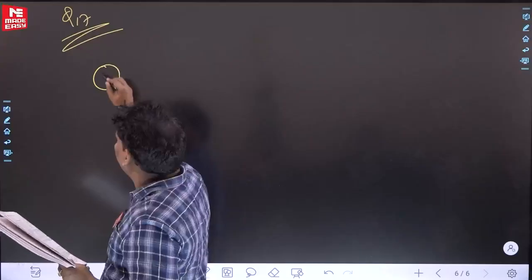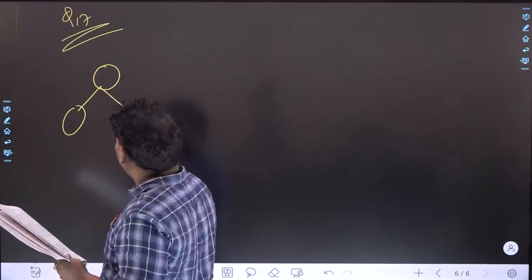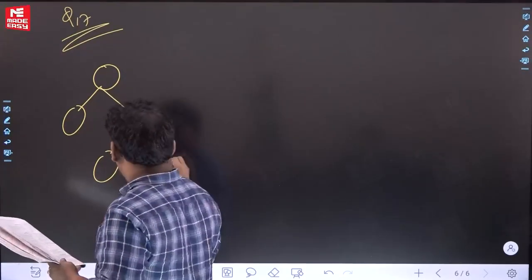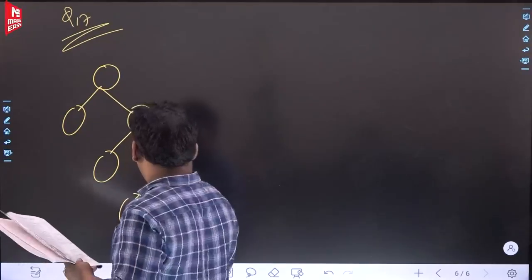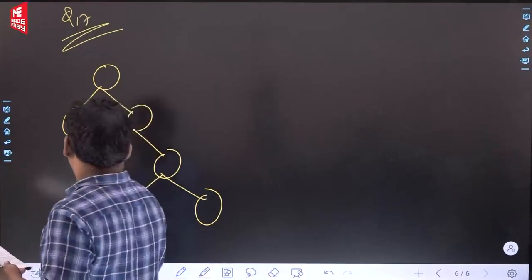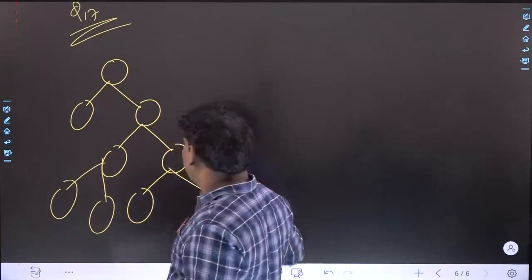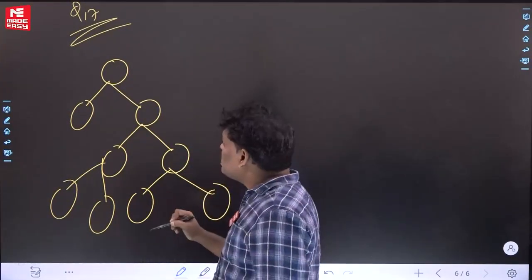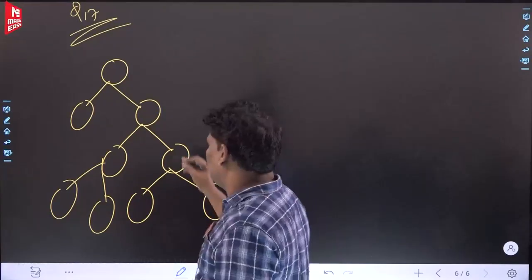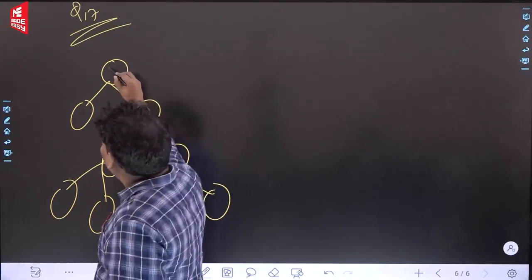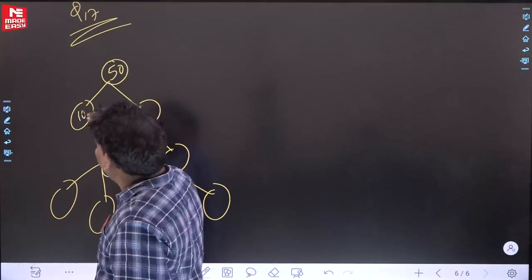Please see this one. To explain question number 17, I am explaining one small example. Afterwards, we will go to question number 17. See this? It is a 50. It is a 10. BST means what?